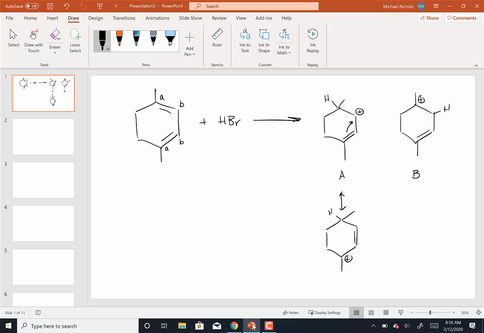So in this case, A is much more stable than B because one of its resonance structures is also tertiary. Now you could argue, what about the stability of the double bond? What I said on Monday was that our primary concern is carbocation stability, whether it's primary, secondary, or tertiary.